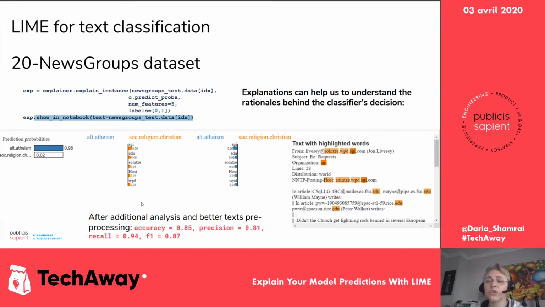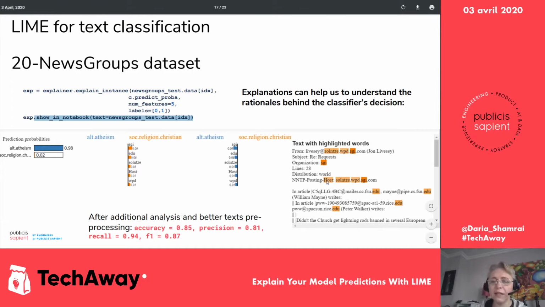The only problem you can observe is that the classifier really picked up a lot of garbage. I think this is the way the dataset was prepared, that in this subset of the alt.atheism class, a lot of texts were selected containing these technical headers of the emails, containing different kinds of parts of email addresses.